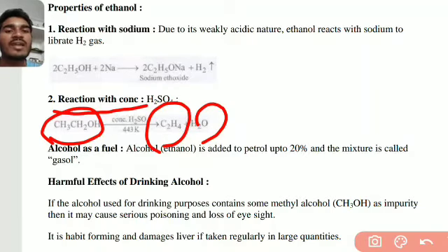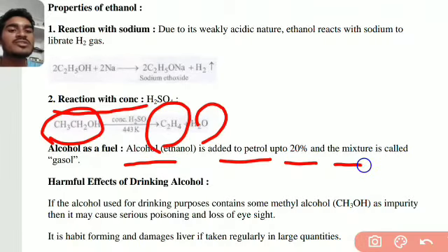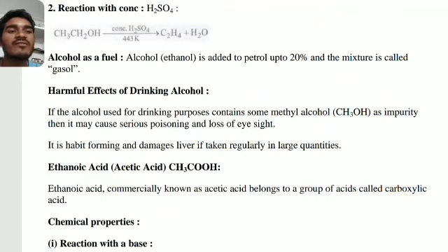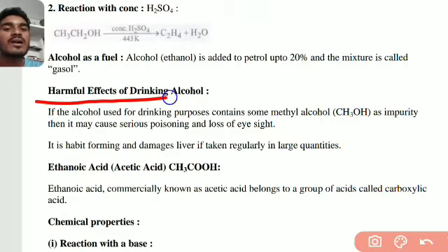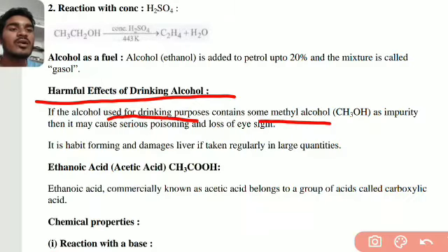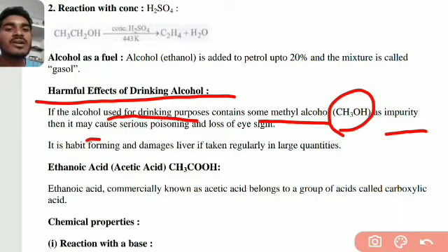Next, alcohol as a fuel. Ethanol is added to petrol up to 20%. The mixture is called gasohol. Now we'll see the harmful effects of drinking alcohol. If the alcohol used for drinking contains some methyl alcohol as an impurity, then it may cause serious poisoning and loss of eyesight.